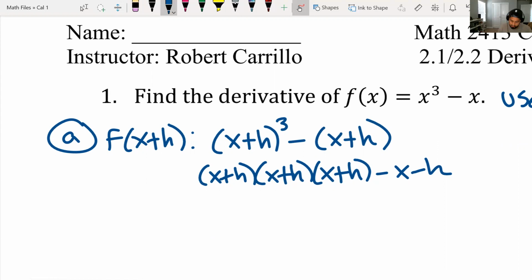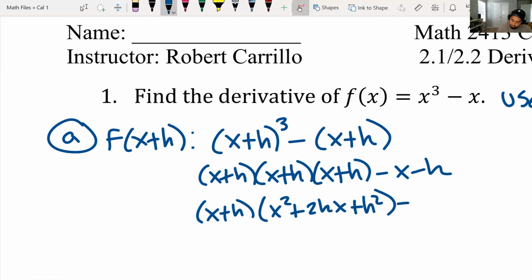So here, I'll just do it anyways, and then we can save it, because this would be x squared plus 2hx plus h squared minus x minus h. And then if I distribute that out, I'll have x cubed plus 2hx squared, which means I'll get 3hx squared, and then I'll have xh squared.